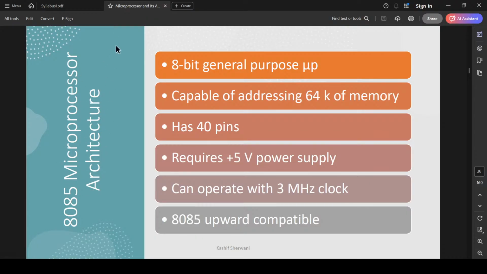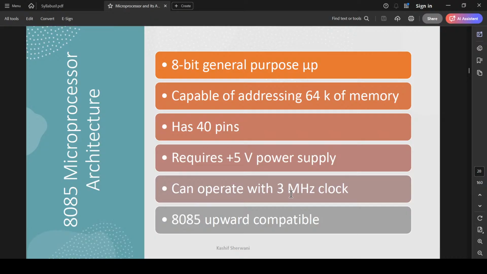8085 microprocessor architecture. Okay, an 8-bit general purpose microprocessor capable of addressing 64 KB of memory, has 40 pins, requires 5 volts as the power supply, can operate with a 3 megahertz clock speed, and it is upward compatible. So let's highlight these properties.